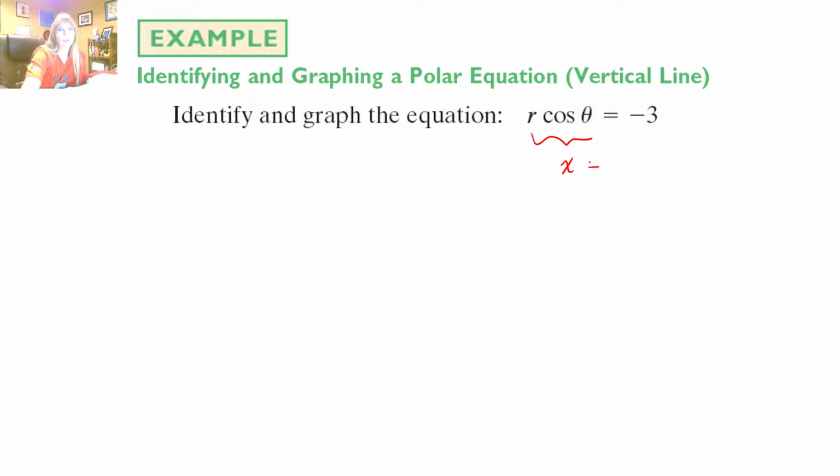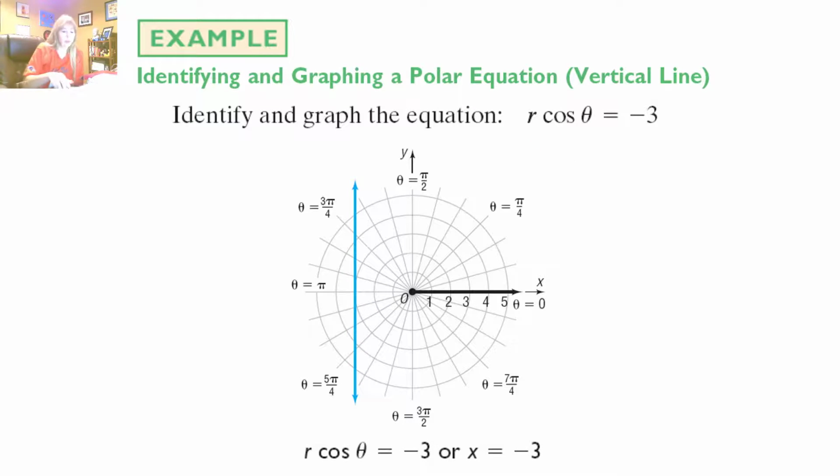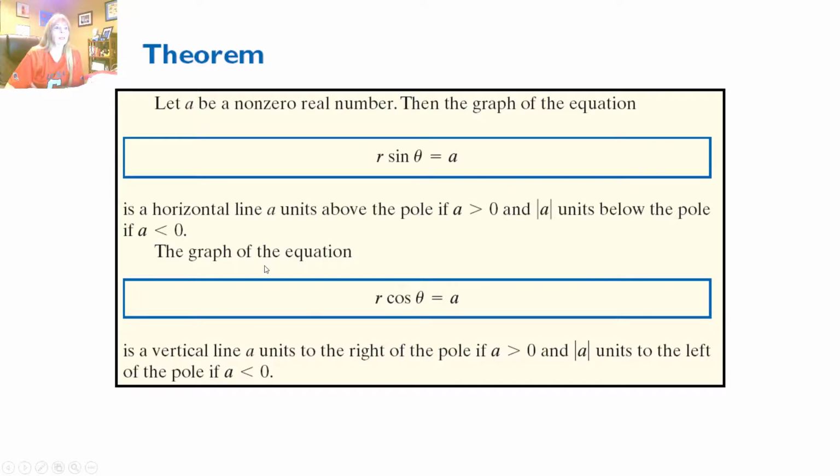So this is the graph of the vertical line, x equals -3. Right here. This gives us a theorem that says if a is some non-zero real number, then the graph of r sine theta equals a is a horizontal line, above the pole if a is greater than 0 and below the pole if it's less than 0. And r cosine theta equals a is a vertical line.